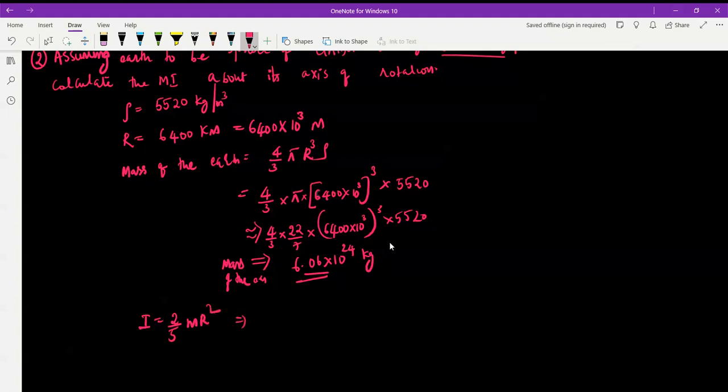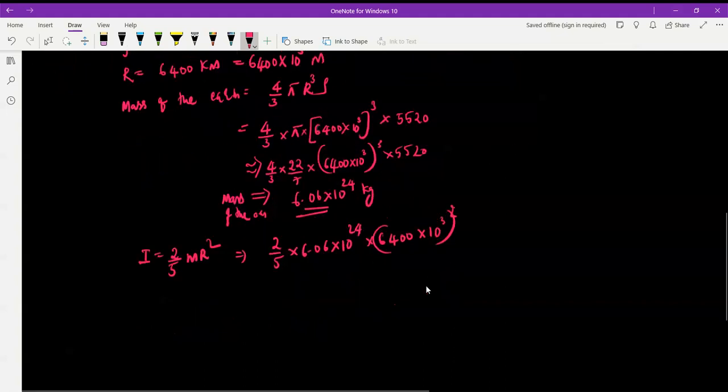So that is 2 by 5 into 6.06 into 10 to the power of 24 into r square, which is 6400 into 10 to the power of 3 whole square.